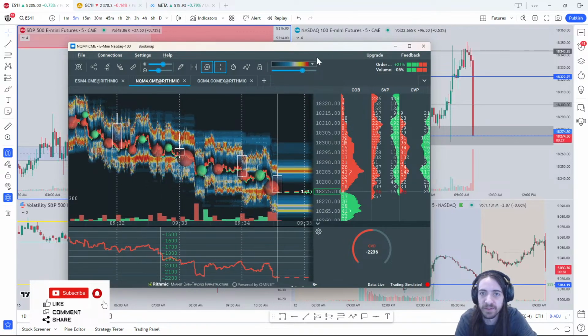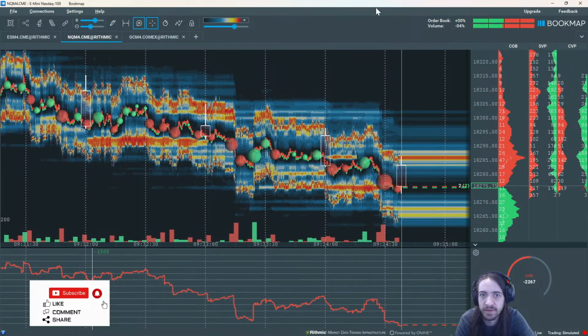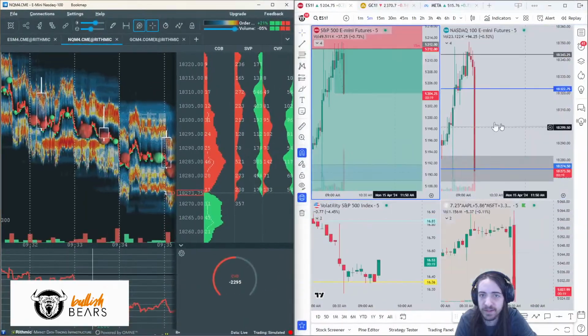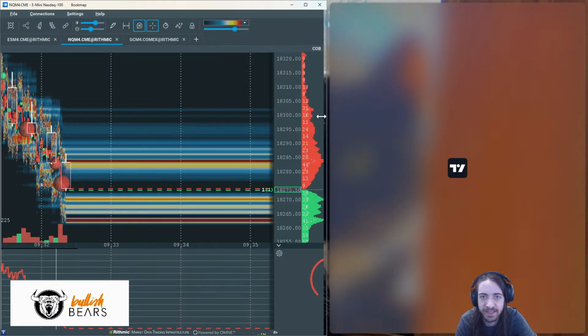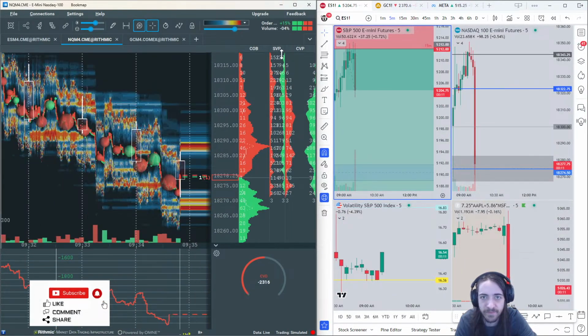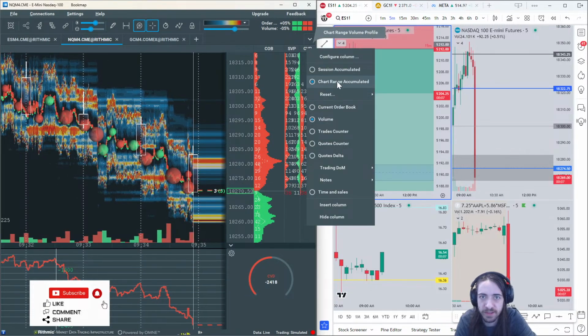Keep Bookmap up for a second for you guys. Let's see if I get this on the left side. Let's see. I don't really want to care about the chart.